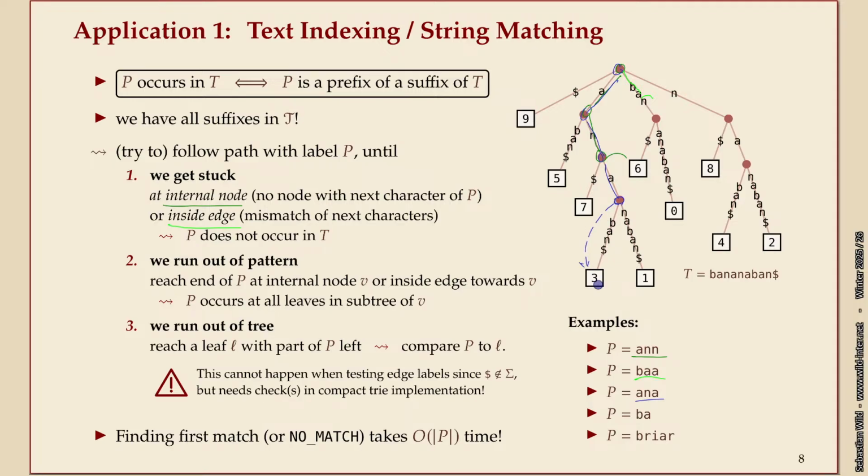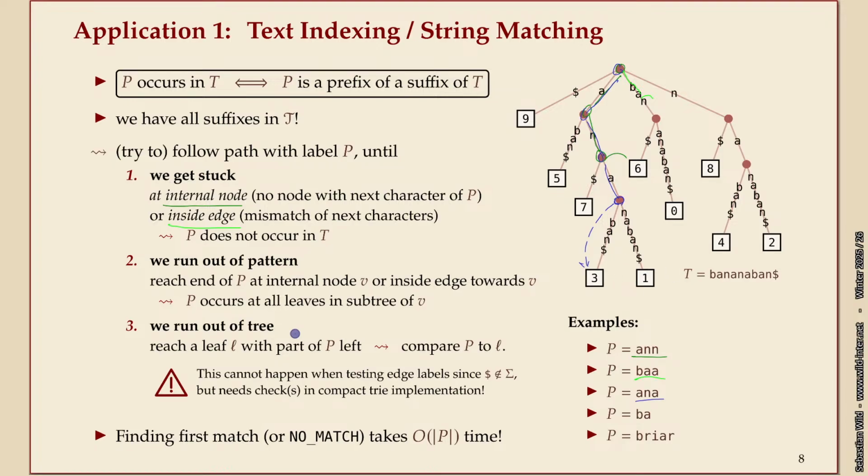Then that position 3 is the starting index of an occurrence of that pattern. So again, I can find this one in constant time. At this point, I might have to check if I skipped over characters, if they actually match. I only have to do this once though. Either they match for all of the leaves here, or they don't match for any, because they're all the same in the leaves here.